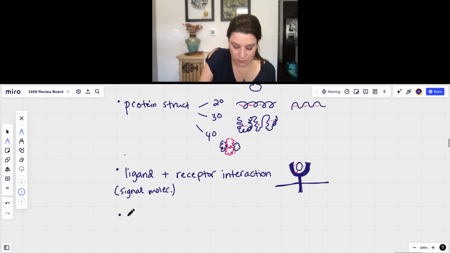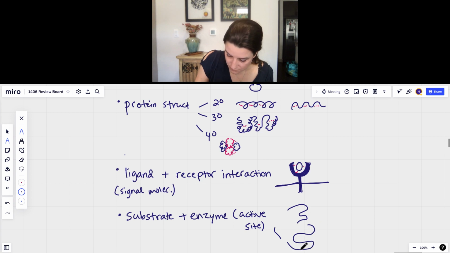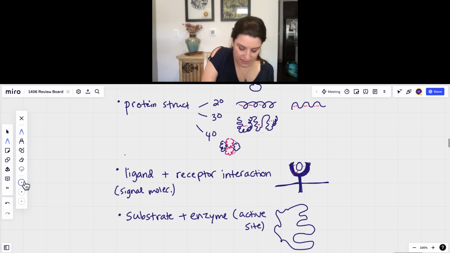And then the same sort of idea is between a substrate and an enzyme, not ligand, substrate and enzyme in the active site. So let's say the active site is here.